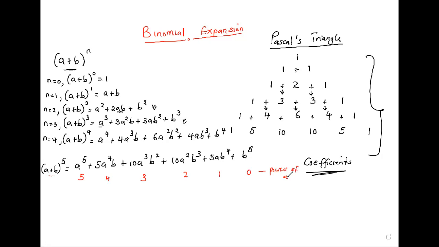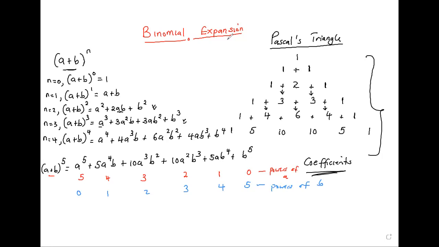What about the powers of b? The powers of b in the expansion were 0, 1, 2, 3, 4, 5. So it's easy to see that every expansion will have the powers of a reducing, starting with the highest, which is the power of the initial expansion. And the powers of b will start from 0, going up to 5.